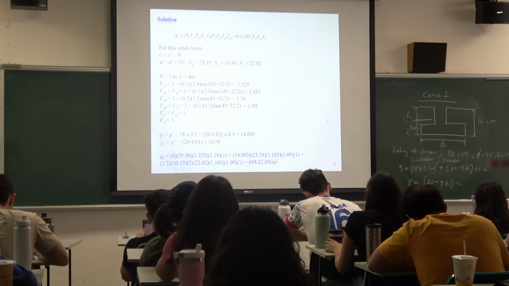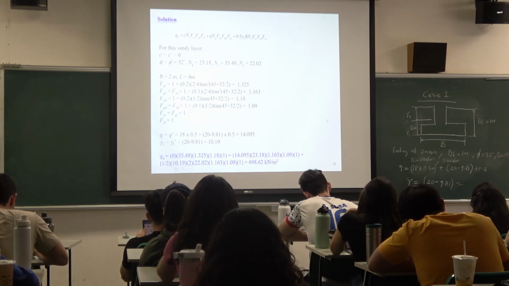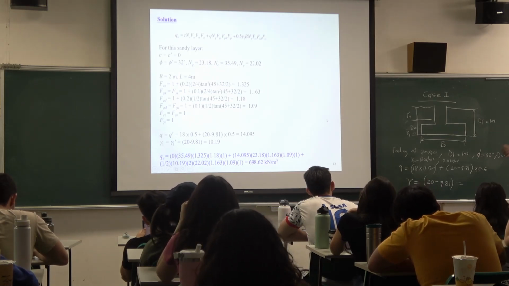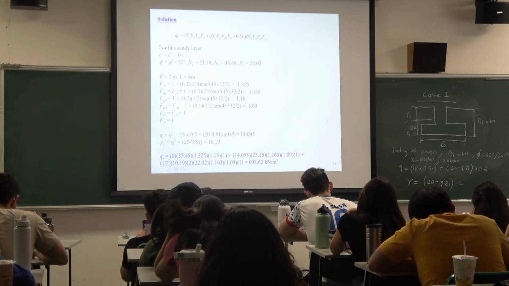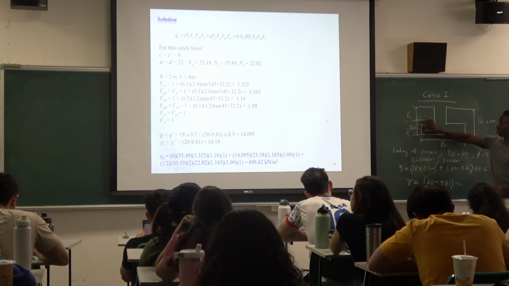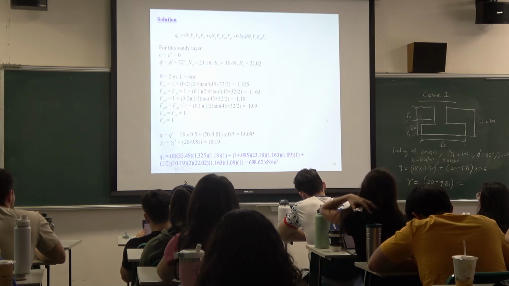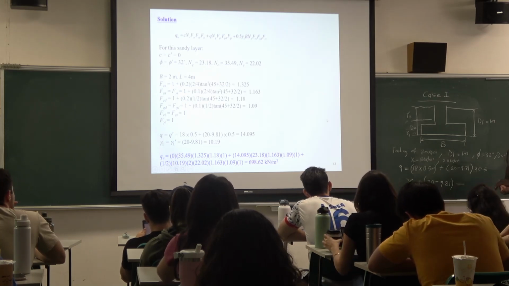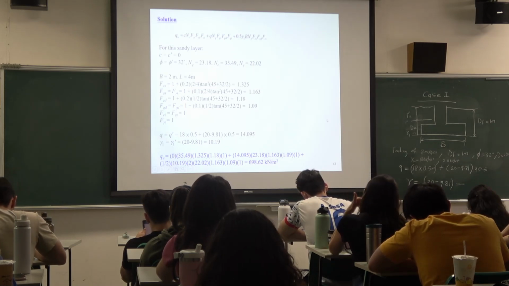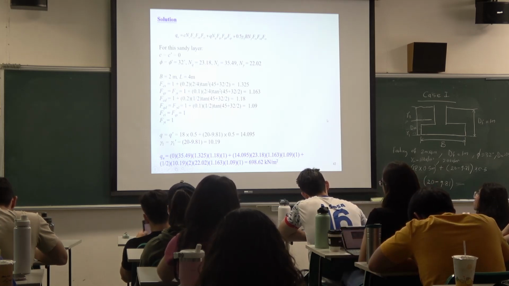So the only thing here is that if you are facing this type of problem, and you are using the effective stress method, then you have to remember to subtract the gamma W below the water level. Okay, so you get everything there, substitute in the equations, and then it's quite straightforward like the previous ones.